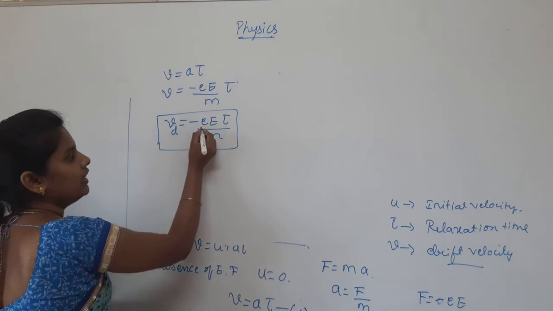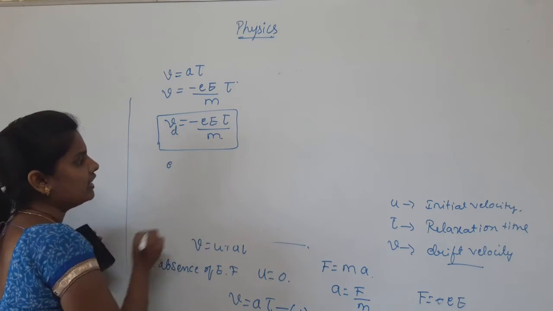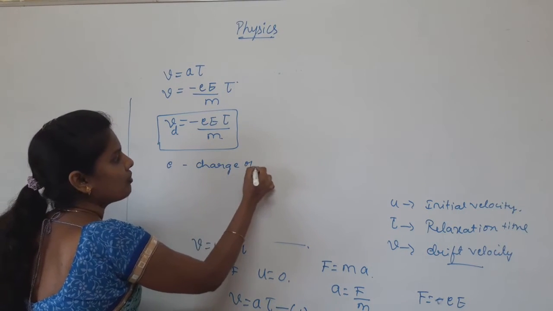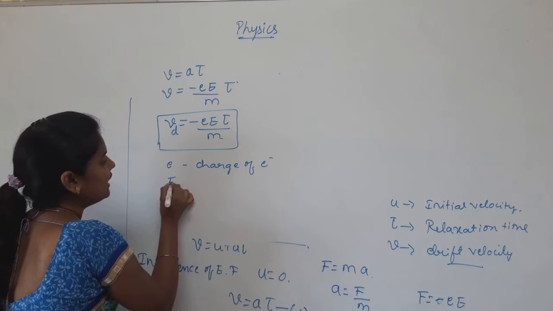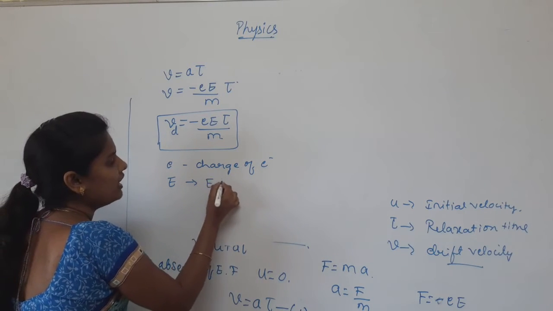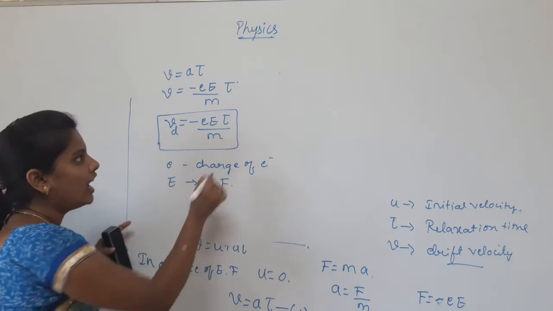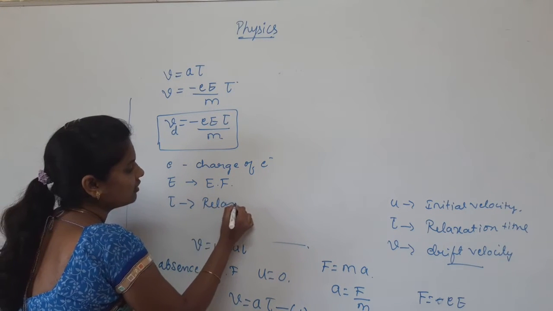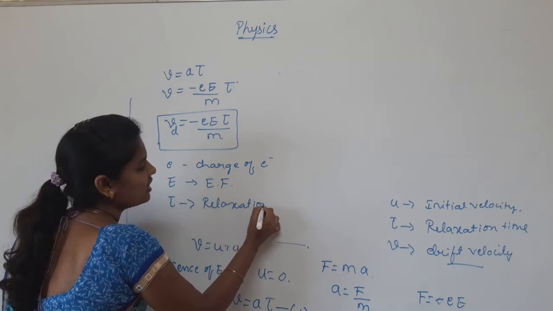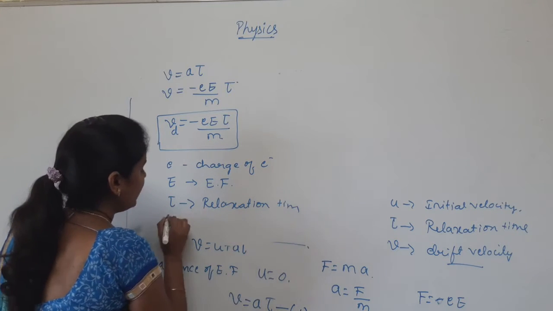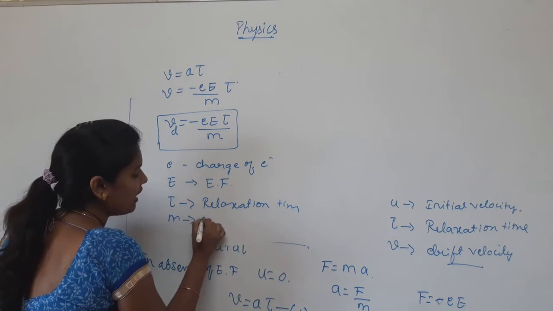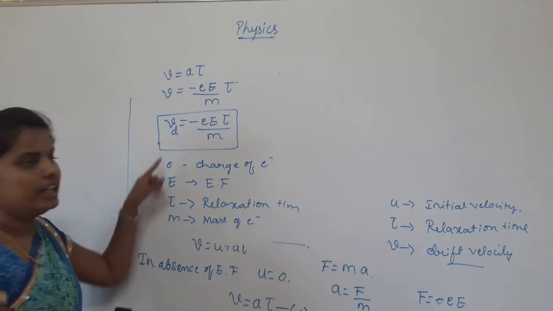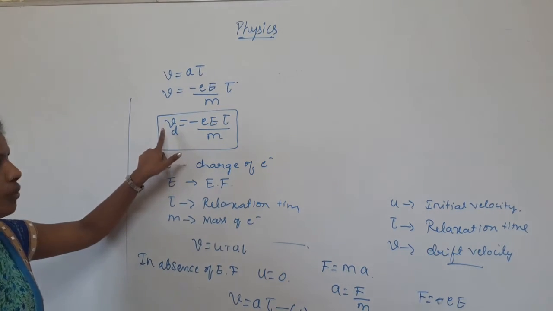Here small e represents the charge of the electron, capital E represents the electric field inside the conductor, tau represents the relaxation time, m represents the mass of the electron, and v d represents the drift velocity.